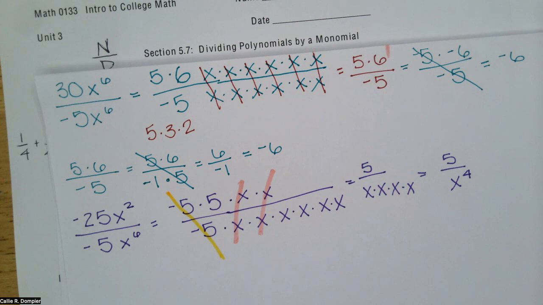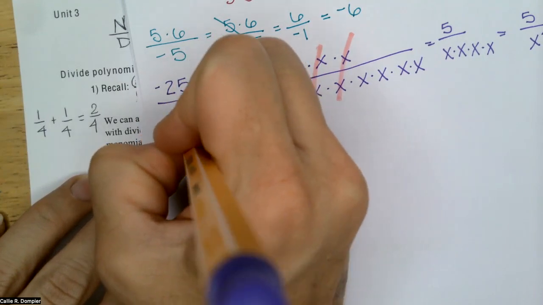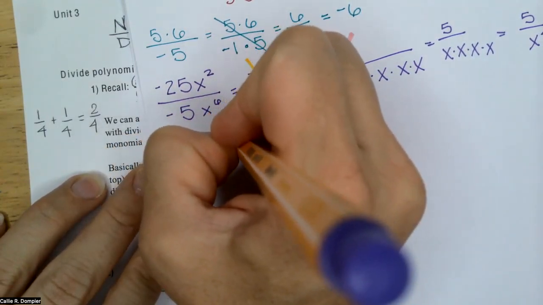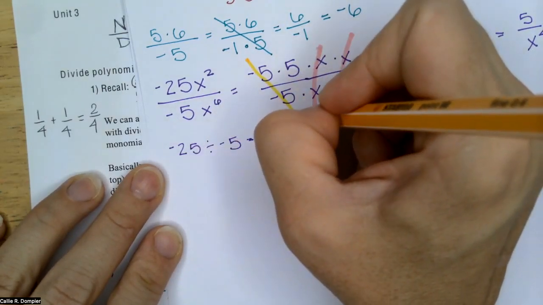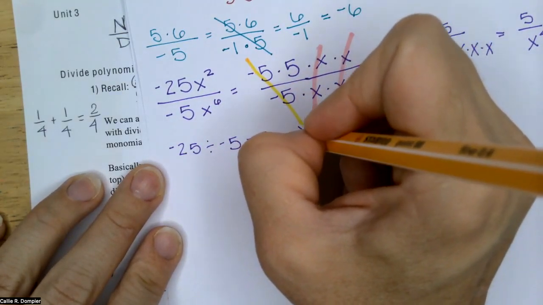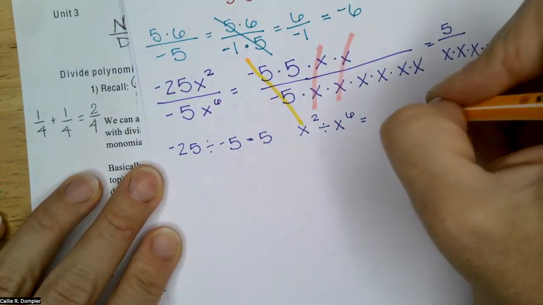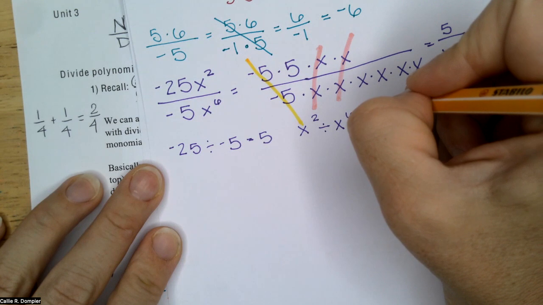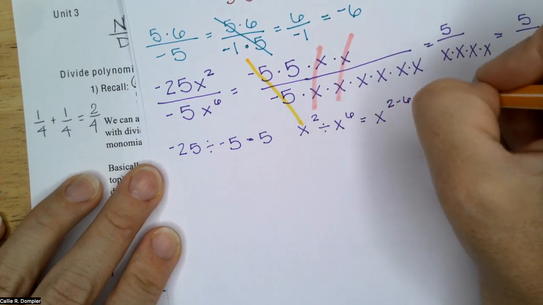Good. Faster way to do it with the calculator, is negative 25 divided by negative 5 is 5. And then x squared divided by x to the 6th is x to the power of 2 minus 6, which is x to the negative 4th.